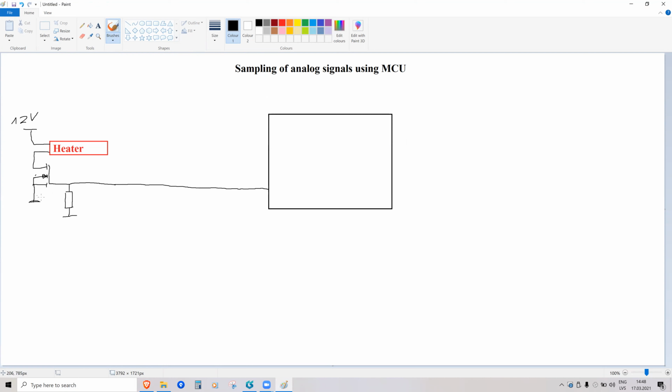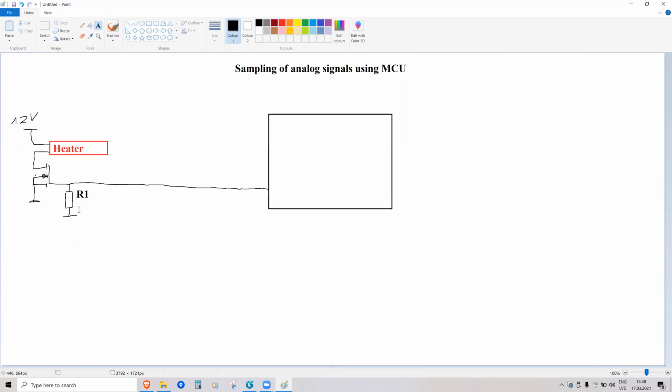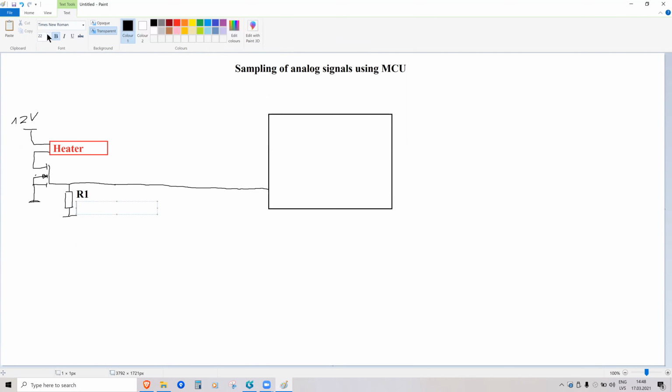This circuit makes sure that the default state of this MOSFET is off. And this resistor, I'll write it, R1, and I'll write in small letters that it is a MOSFET pull-down resistor with size 10.